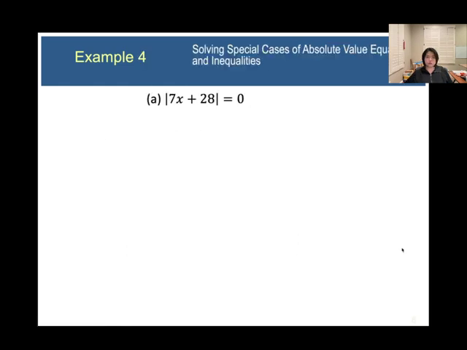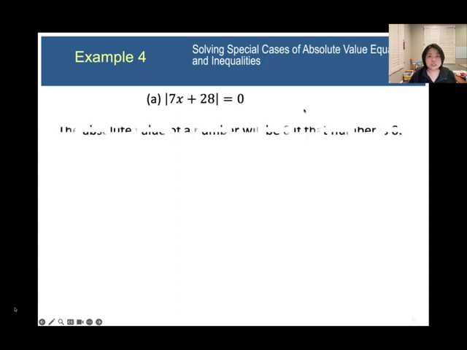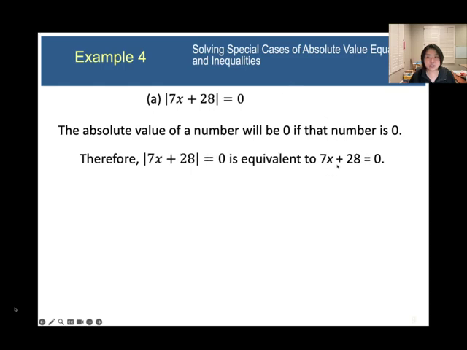Okay, example 4. Absolute value of 7x plus 28 equal to 0. So this is going to be case 1, right? But think about it. Can 0 be positive or negative? No, right? So it doesn't really matter when you have the absolute value equal to 0. Negative 0 or positive 0 is also equal to 0.